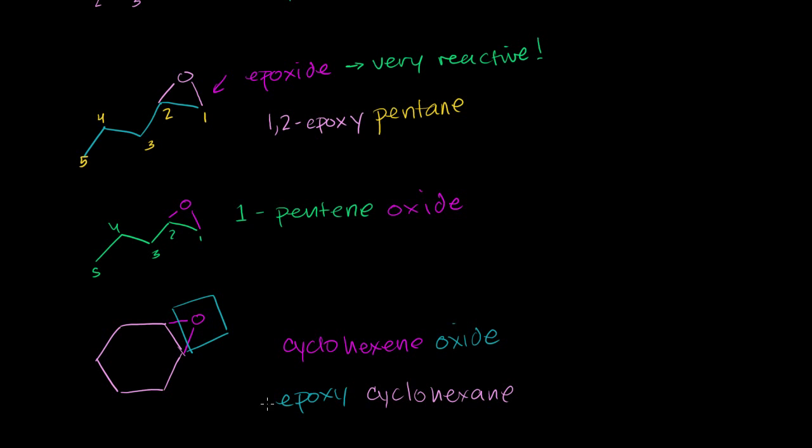And once again, you don't have to number it because you could call it 1,2-epoxycyclohexane if you made this the 1 or the 2 carbon. But you know it's going to be on adjacent carbons, and it could have really been on any of these two. It could have been on the 3 and the 4, and it would have essentially been the same molecule. So this actually makes it clear exactly what the molecular structure of the molecule is.